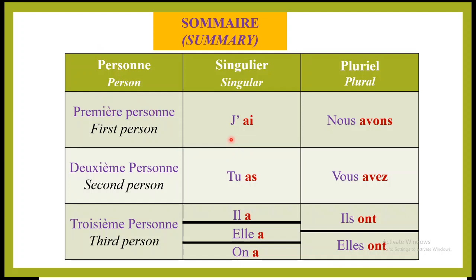Let's add the verbs together with the personal pronouns. J'ai, tu as, il a, elle a, on a, nous avons, vous avez, ils ont, elles ont. So that is what we have learned so far. Merci beaucoup, à bientôt.